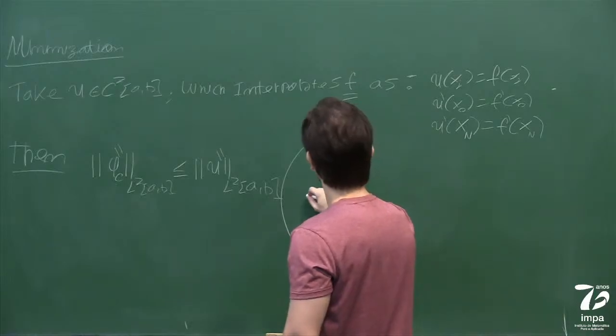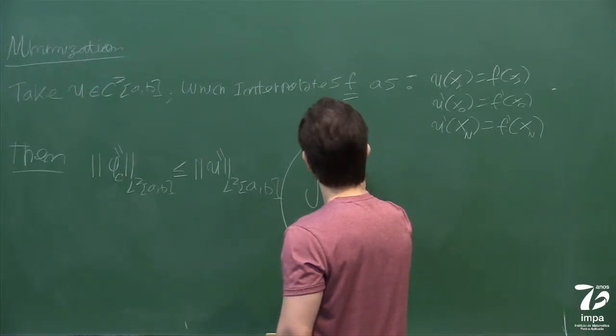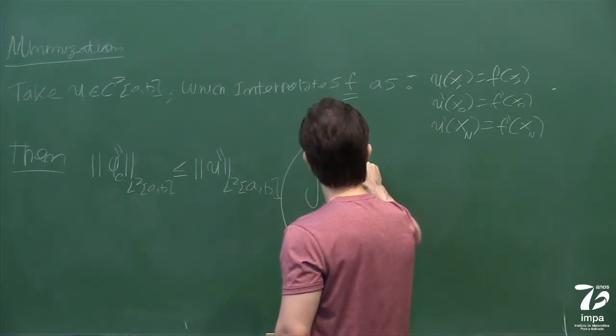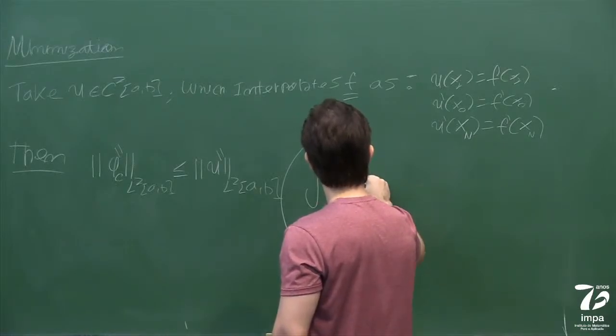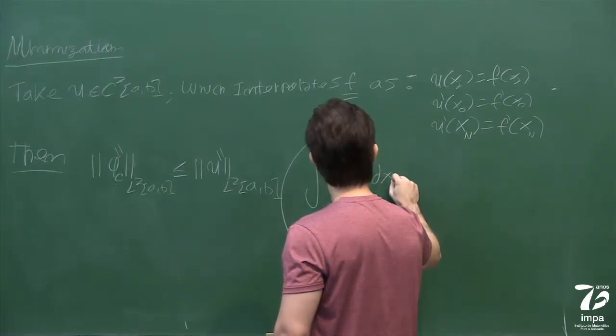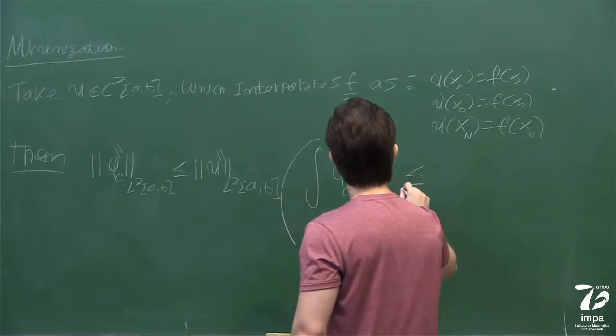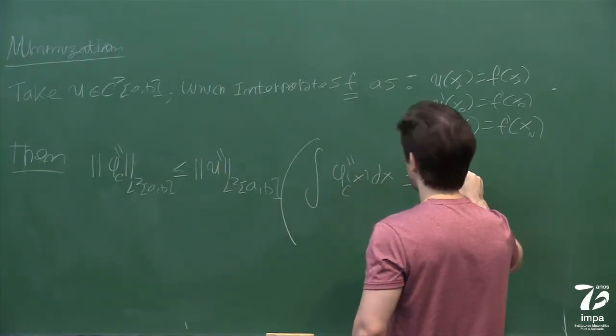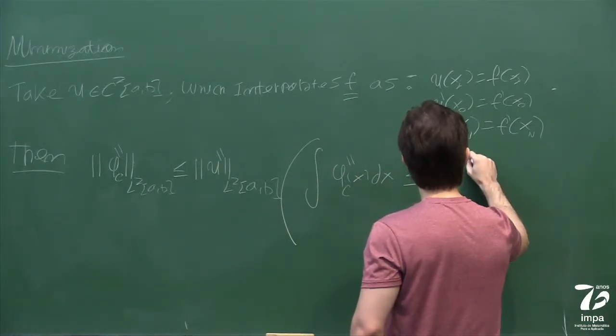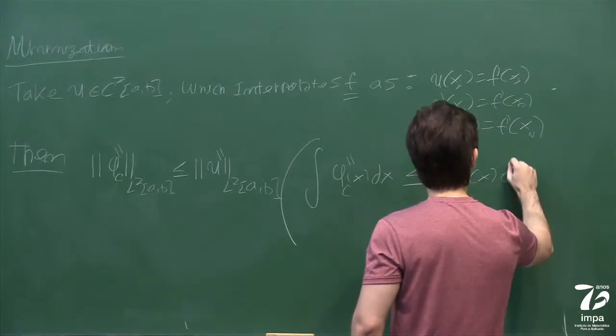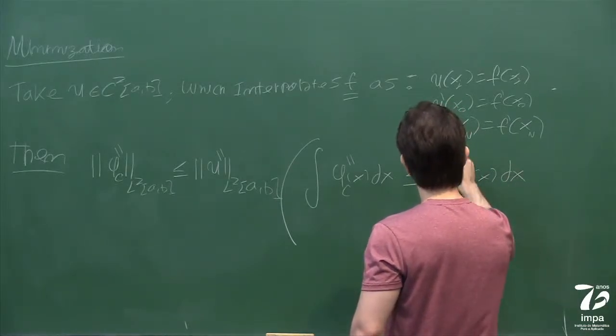This means the integral of phi c second derivative squared dx is less than the integral of u second derivative squared dx over ab.